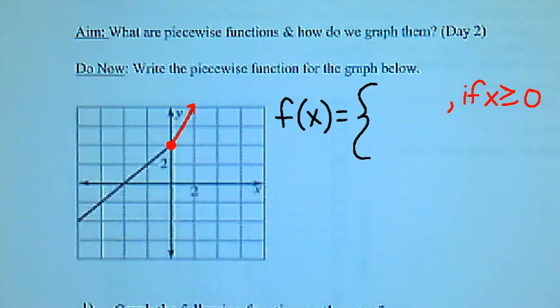So before we even write the equation, I'm actually going to just write my other domain. So if, now this one goes to the left, but obviously it's the same point, so when x is less than or equal to 0. So both of these are going to be greater than or equal to, and then a less than or equal to.